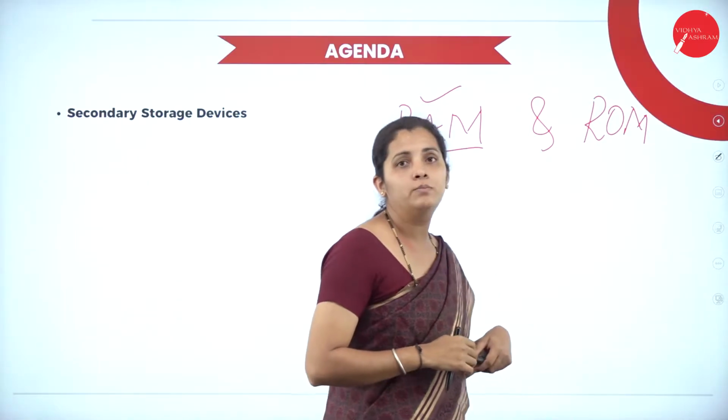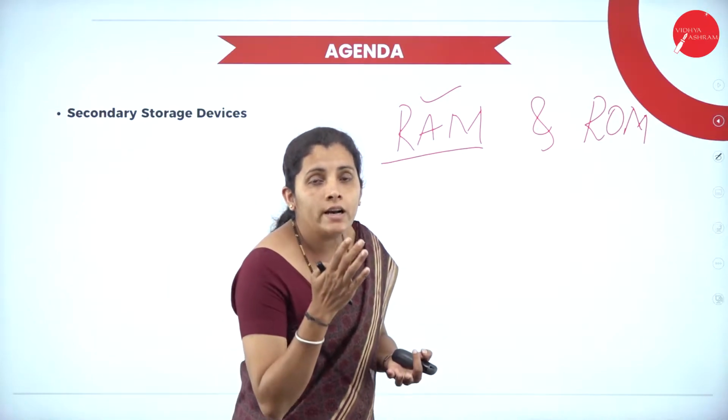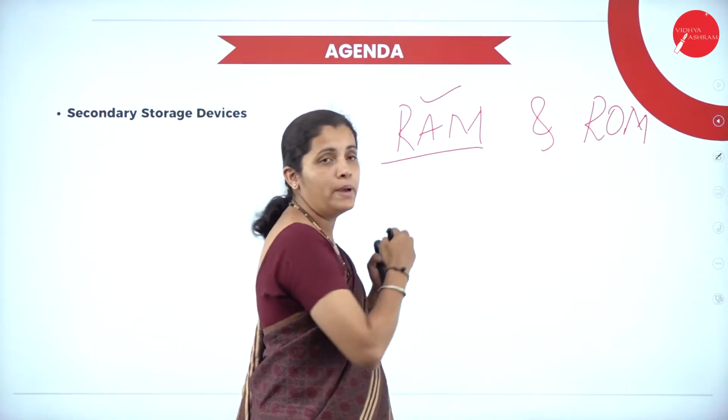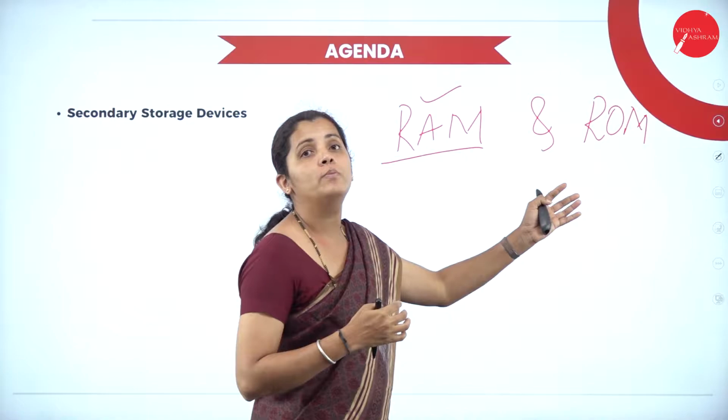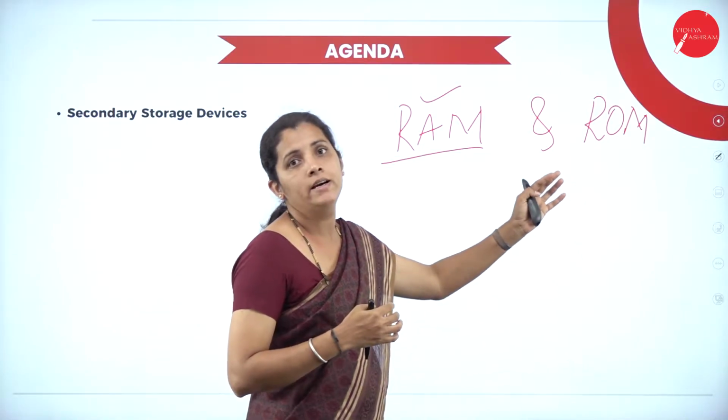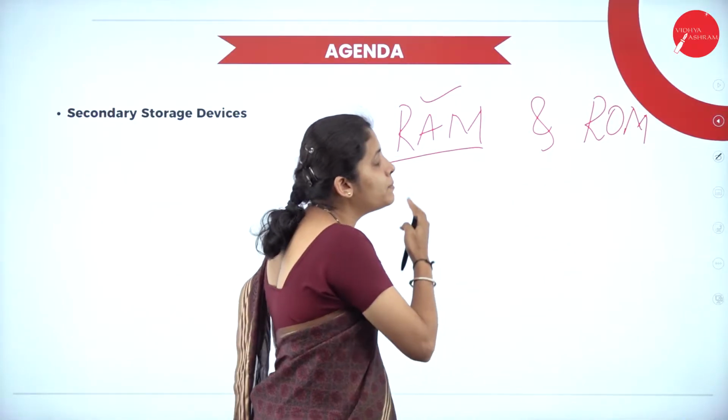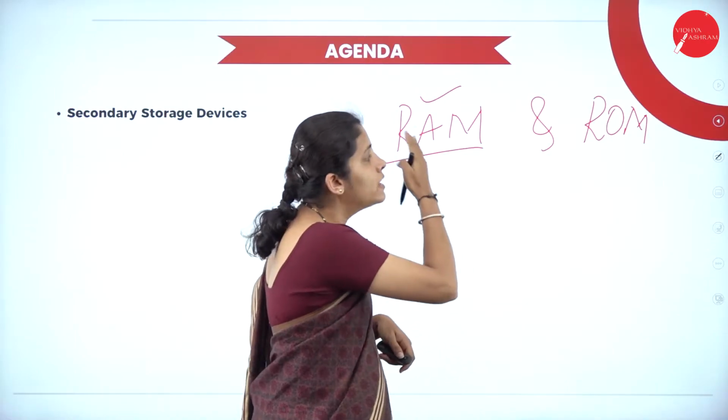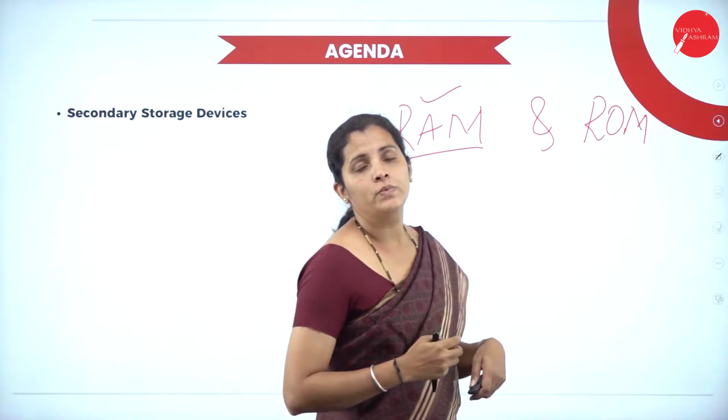That is called bootstrap. RAM is high speed memory, whereas ROM is low speed memory. These are some of the differences between RAM and ROM.